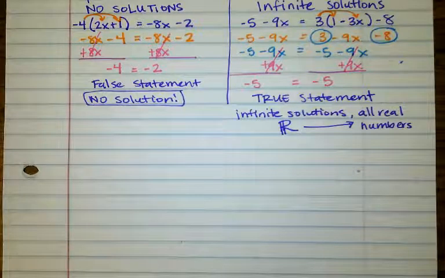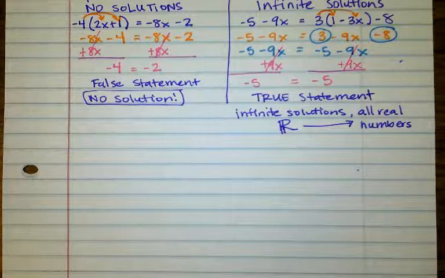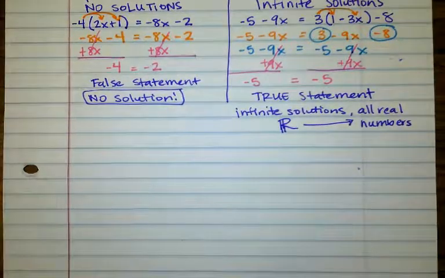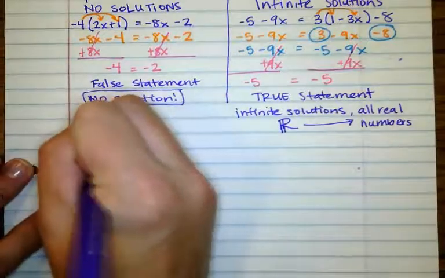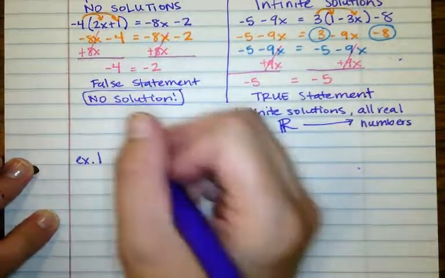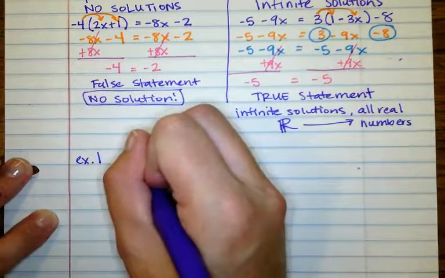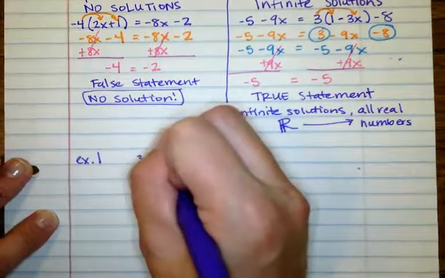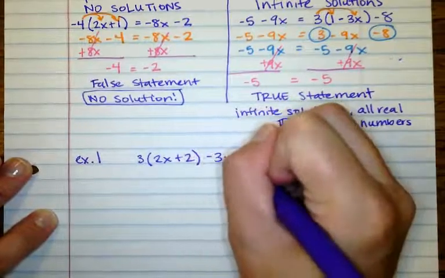I want you guys to do 2 little examples, and you guys can decide if they're infinite or if they are no solution, okay? So this first one is going to be 3 times (2x plus 2) minus 3x equals 6 plus 3x.